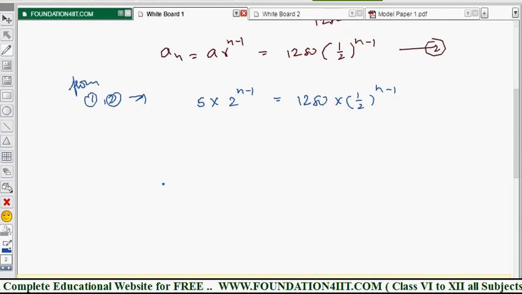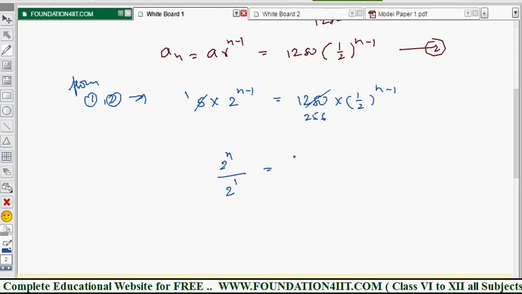Then you can do some cancellations. 5 ones are 5, 5 twos are 10, 2 is 8, 5 fives are 25, and 3 is 30. So 256. Then 2 to the power n minus 1, so 2 to the power n by 2 to the power 1.